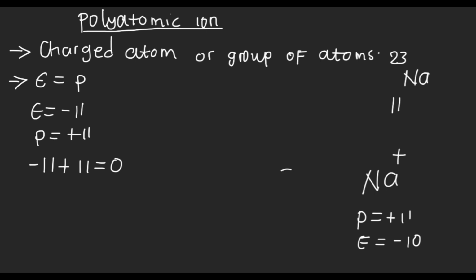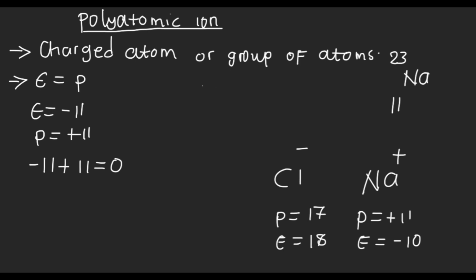Now if you look at the chloride ion, for protons we have 17, then for electrons we have 18. So after the losing or gaining of electrons, the number of electrons does not equal the number of protons, thus we have an ion. So an ion is an atom that is charged, or a group of atoms.